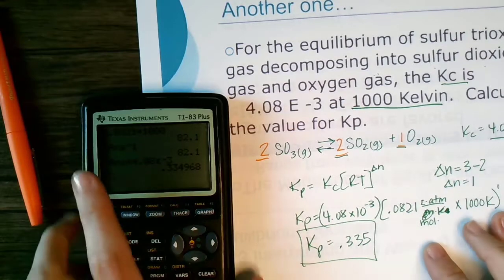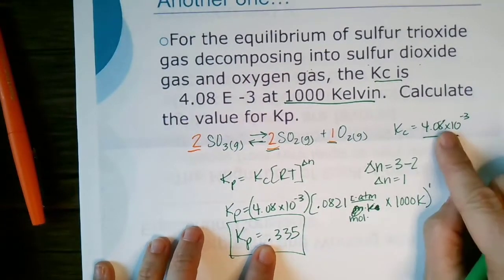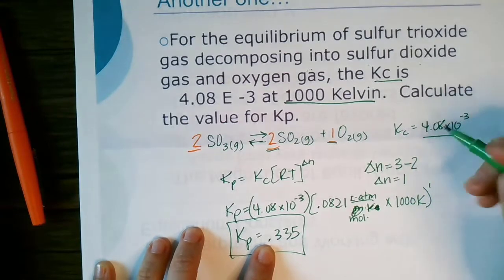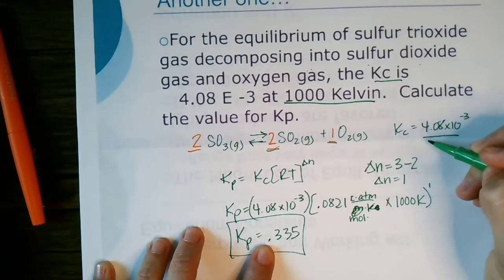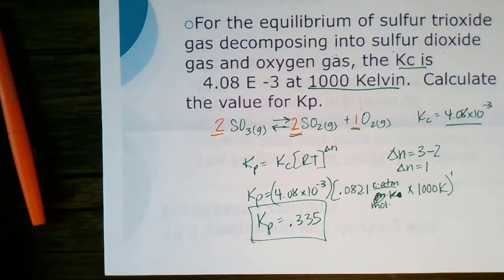And again, we can see that difference between 0.335 and 4.08 times 10 to the negative 3, which is 0.00408. So hopefully you're feeling good about that conversion.